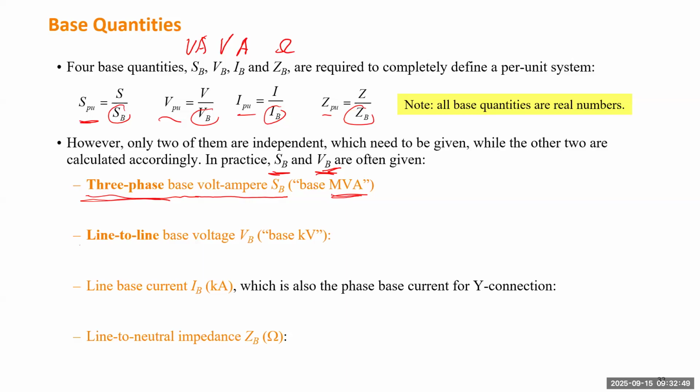For voltage, we pick line-to-line voltage, not line-to-neutral voltage, because some devices don't have a neutral line. So it's not convenient to measure the actual voltage between one line and the neutral. There's no such point. Even if you measure between the ground, that doesn't give you the accurate line-to-neutral voltage for most conditions. So the most convenient way is to just measure line-to-line voltage.